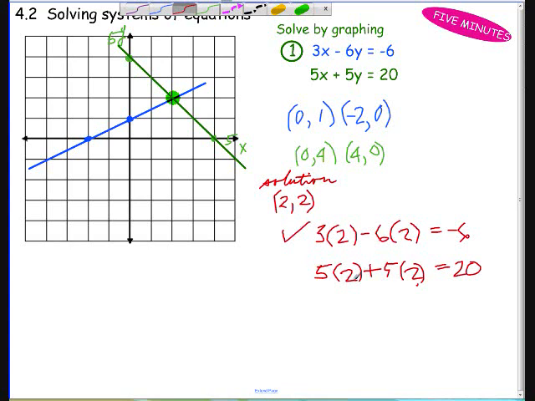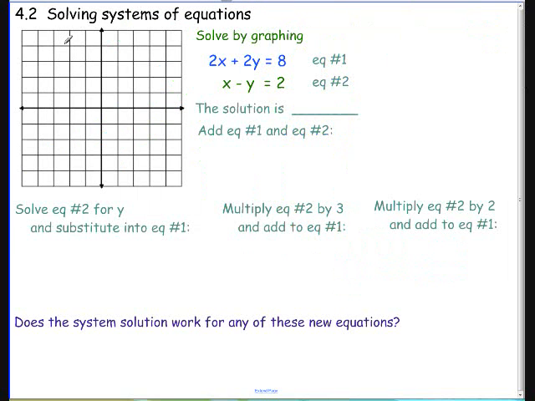That's true. And then 10 plus 10 equals 20. That's true. So I have verified the point that I found by graphing. Let's move along to doing this algebraically.